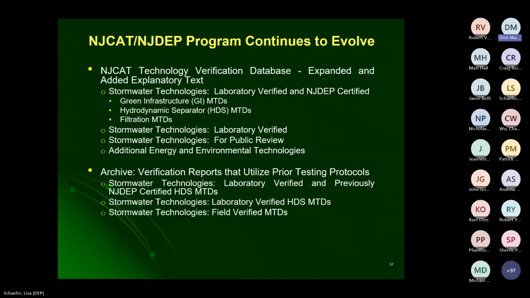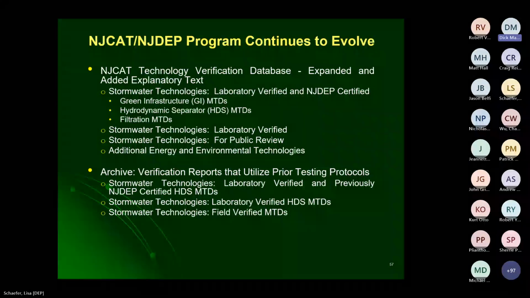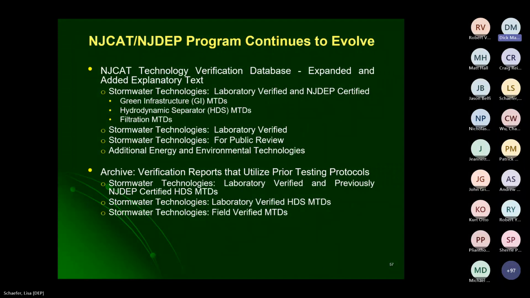They've gone from a program that was based on field evaluation to one that was on laboratory, to field, back to a protocol that was put in 2013, which was laboratory, which as I said has now been sunset because manufacturers learned to, shall I say, circumvent the intent of the protocol, till we now have a new set of protocols. So we have expanded and added explanatory text. Lisa showed you that. These technologies that are verified and certified are broken down into 3 categories.